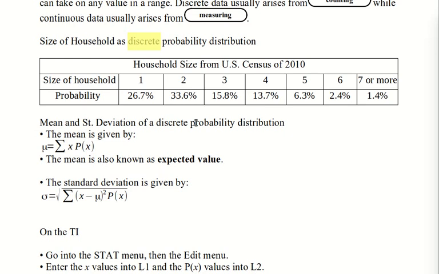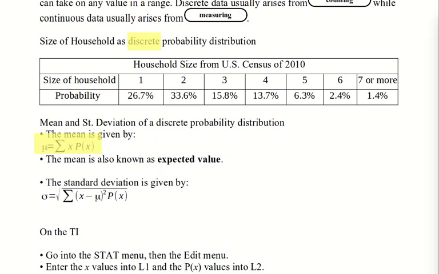Now, for a discrete probability distribution that is not binomial, the mean is exactly what you'd think. It's simply x times the probability of x and then added up. Remember that capital sigma that looks like the capital sideways M says to add up all those x times p of x. So x, of course, is the random variable.